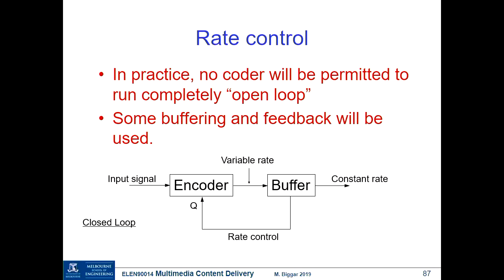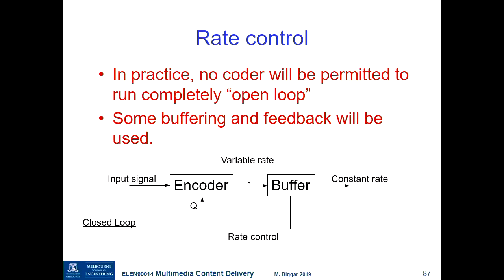Just ignore that constant rate for a moment. Whatever our network interface or storage device interface will be, we feed it via a buffer, and we're constantly reading data out of here, but filling it at a variable rate defined by the video characteristics, but also by this control parameter.